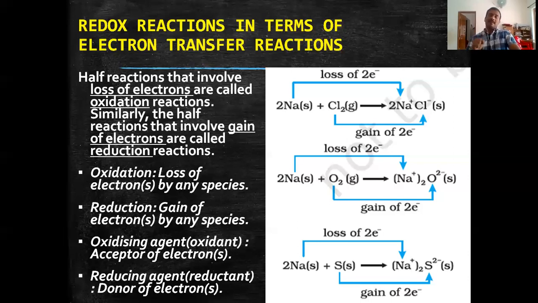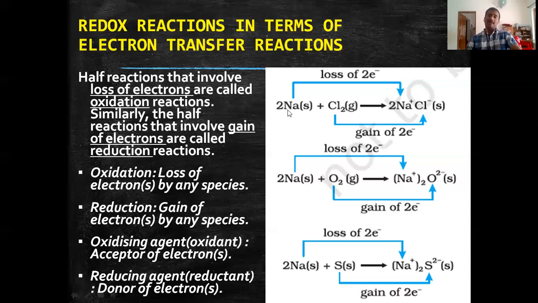Oxidizing agent or oxidant, that is the acceptor of electrons. Reducing agent or reductant, that is the donor of electrons.